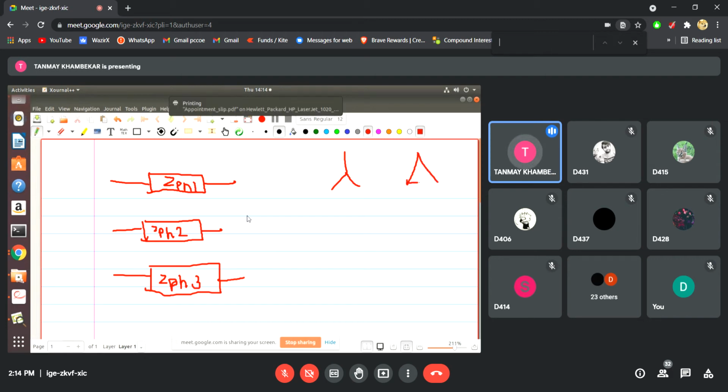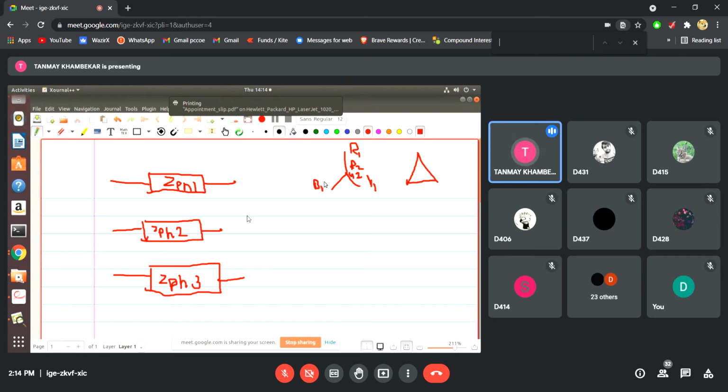When I say I'm connecting this three-phase load in star fashion, you can see in the case of star, this is R1, R2, this is Y1, Y2, and this is B1, B2.